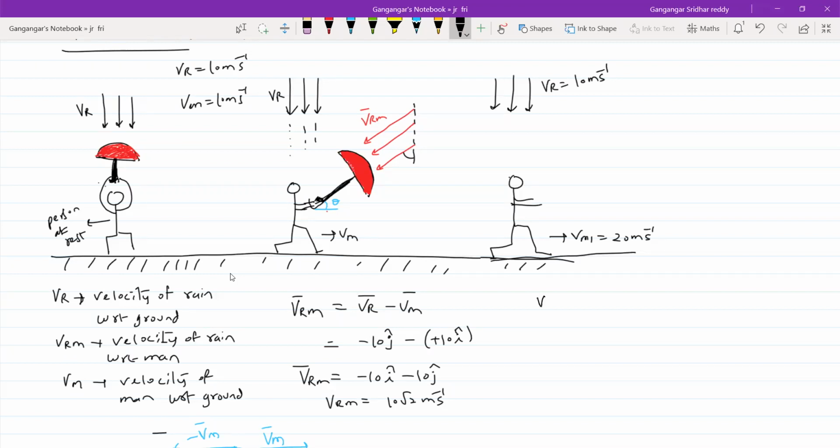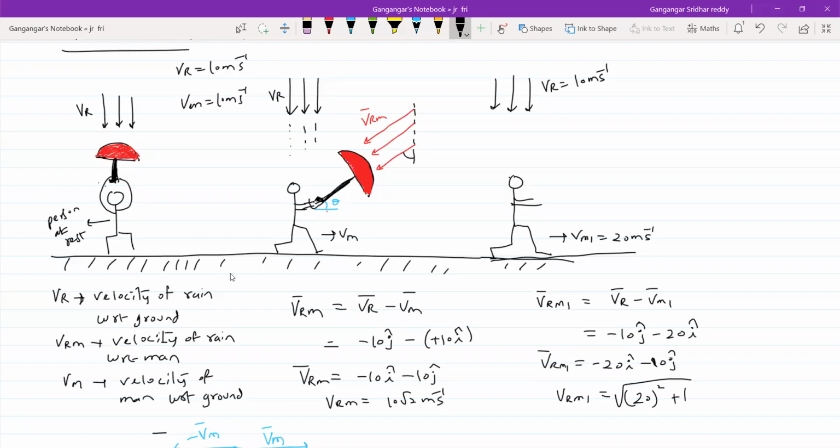Directly, Vrm1 is equal to Vr bar minus Vm1 bar, which is minus 10 j cap minus 20 i cap. So what is the speed of the raindrops with which they'll strike the umbrella? 20 square plus 10 square, 400 plus 100, 500, so this will be 10 root 5 meter per second. With more speed, they'll come and strike the umbrella.